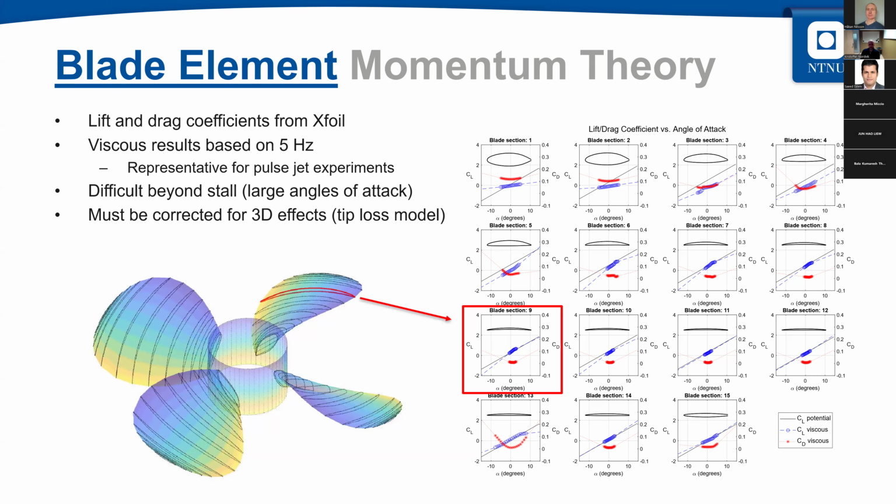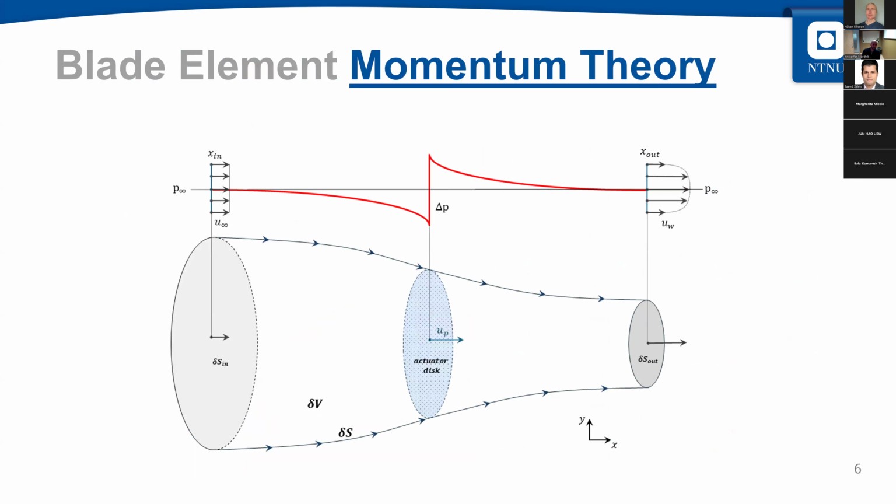So this is the blade element theory, and then the momentum theory is this control volume approach, which I try to illustrate here, where you have inviscid flow. Then you assume an infinitely thin disk where the force is applied throughout the entire disk.